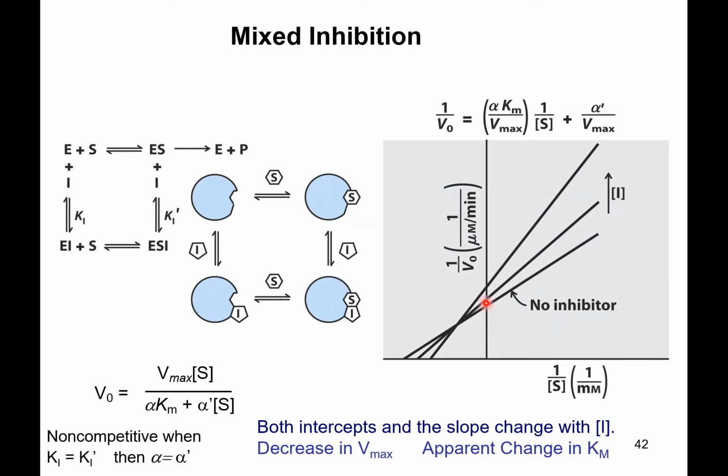Okay, so we have each of these plots as the inhibition increases, right? The y-intercept is increasing, and as the inhibition increases, your 1 over Km is decreasing. Okay, so you have a decrease in Vmax and a change in Km.